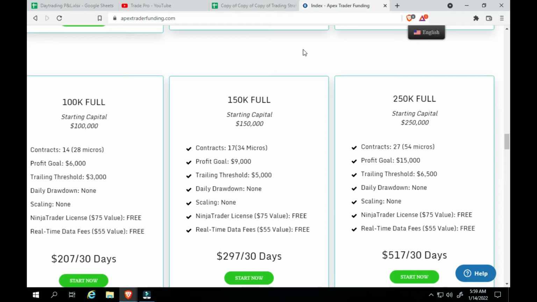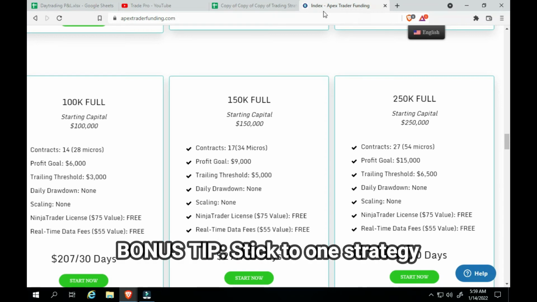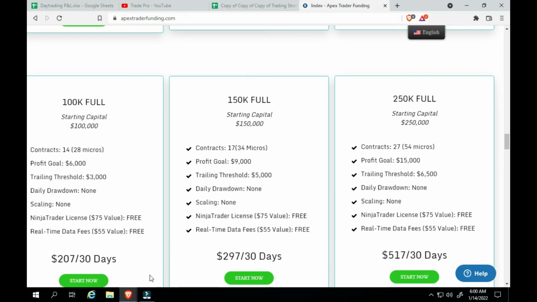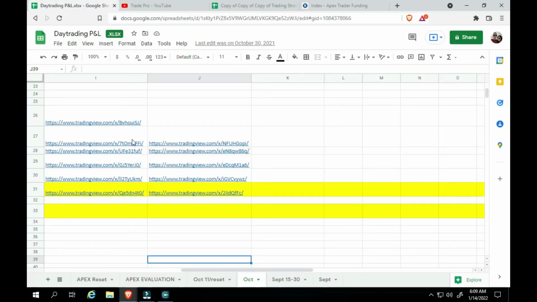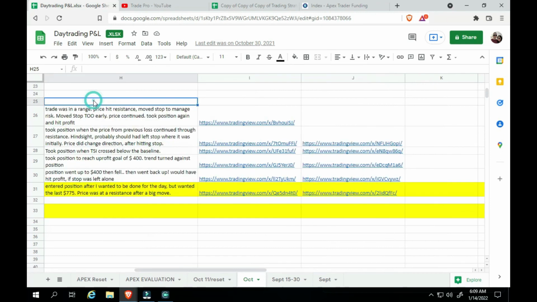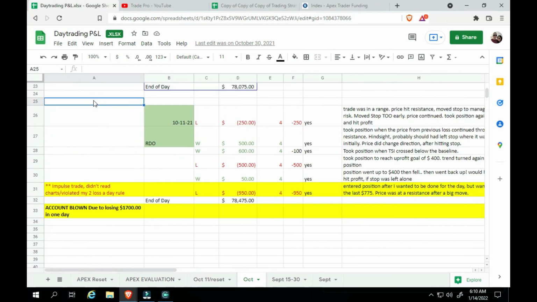All right, and the last tip is find a strategy and stick with it for at least 30 days of paper trading. Go over to Trade Pro, find a strategy that you like, start paper trading, and start a journal, and just start figuring out your strategy, getting your emotions out of the way, the impulse trades or fear of missing out trades.